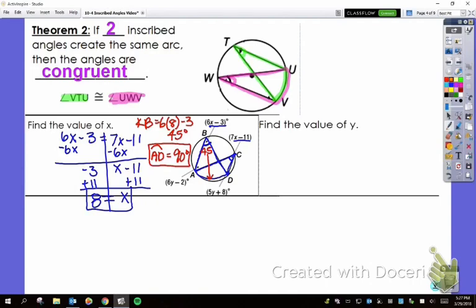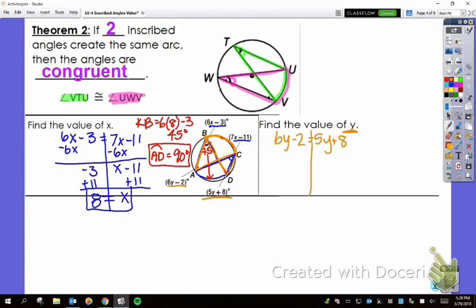Okay, and then your second one here, we're finding the value of y. So we've got a y angle here, which goes with arc BC. And we've got a y angle here at D, and that also goes with arc BC. So we know that those are also going to be equal. We're going to say 6y minus 2 equals 5y plus 8.